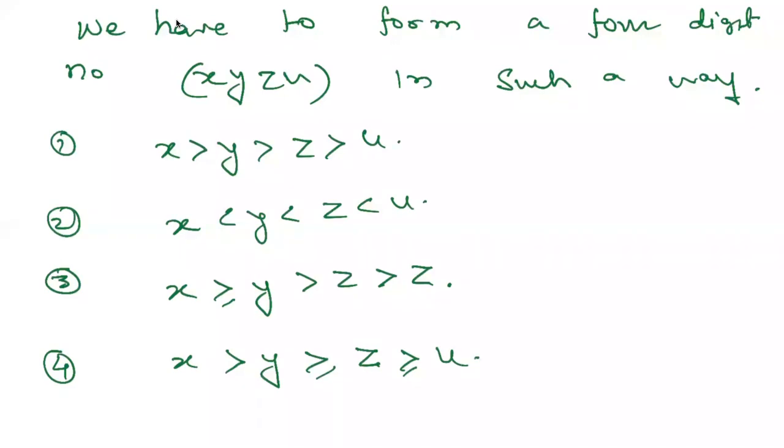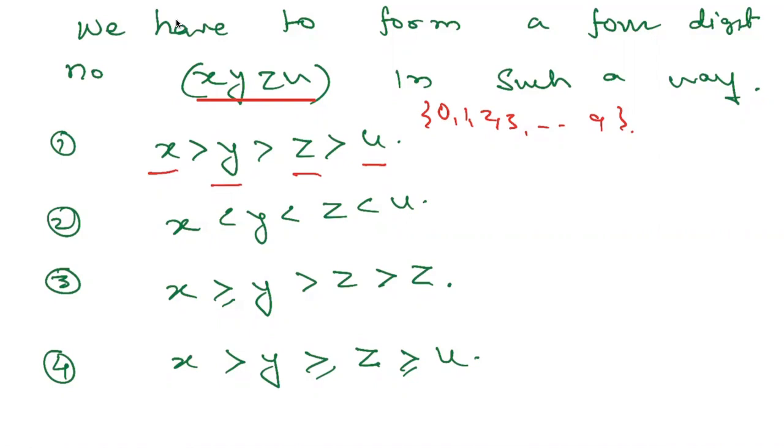Like in the first question, we have to write down X, Y, Z, and U, a 4-digit number. X will be greater than Y will be greater than Z. We know that the digits are 0, 1, 2, 3, up to 9, and we have to select only 4. Now we do not have to arrange, only select.